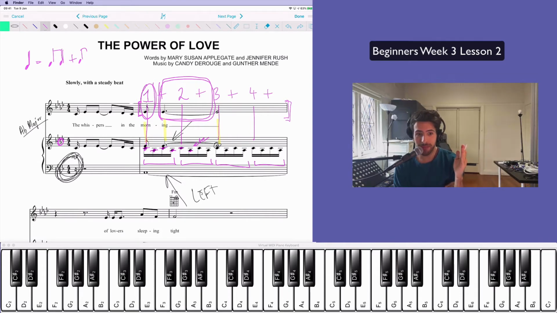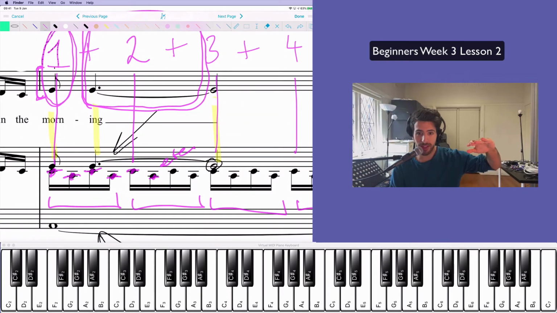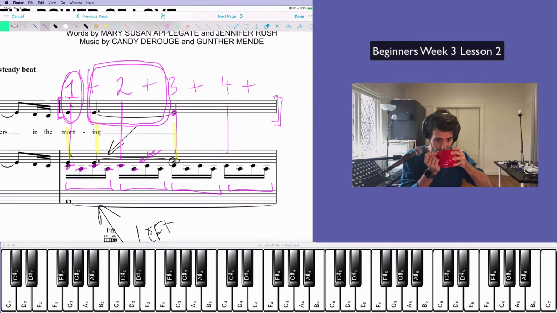Not only that, there's a tie, which is this curved line, to the E flat on beats 3 and 4. Who knows what that's going to actually do to the note? That's going to extend it all the way to the end of the bar. So you're going to sing it 3 4 off. That tie is telling me to elongate the note and not rearticulate it.